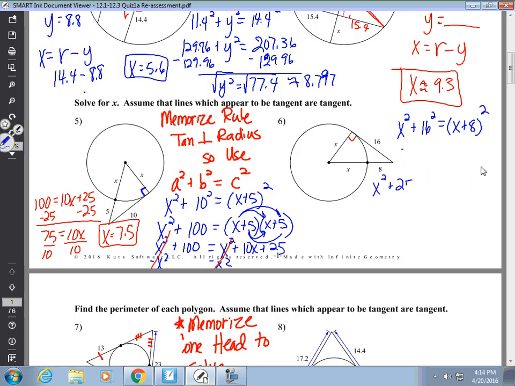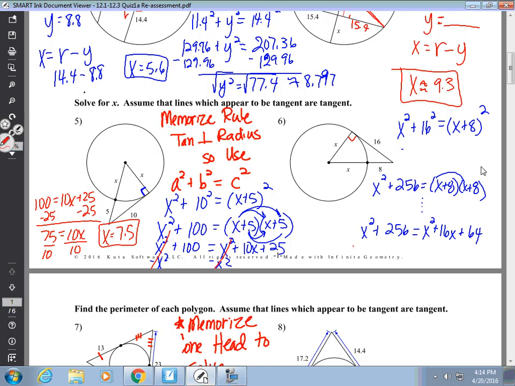X squared plus the 256 equals (x plus 8)(x plus 8). Distribute or use your full method. If you work it out, you should get to x squared plus the 256 equals x squared plus 16x plus 64.